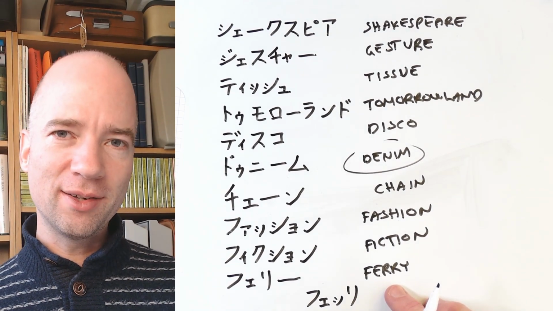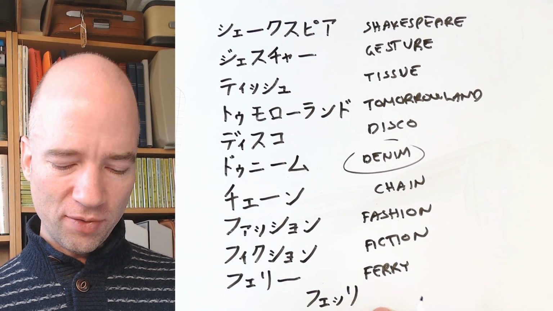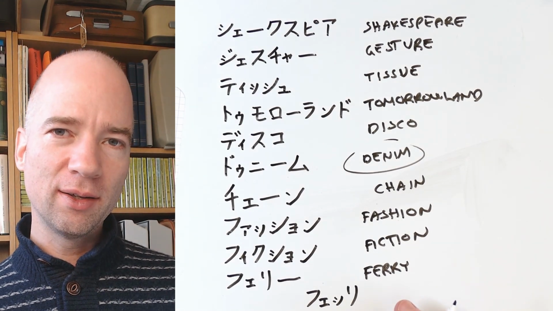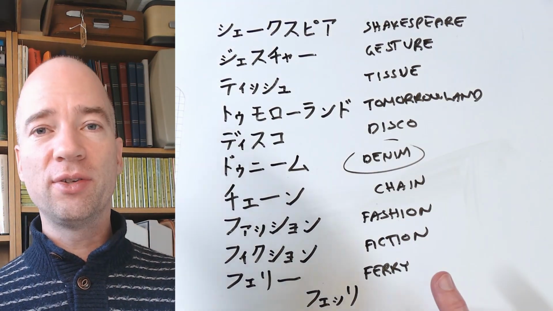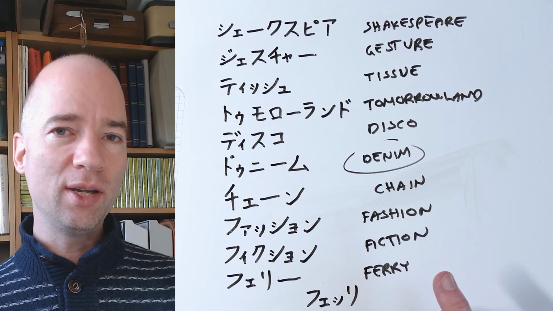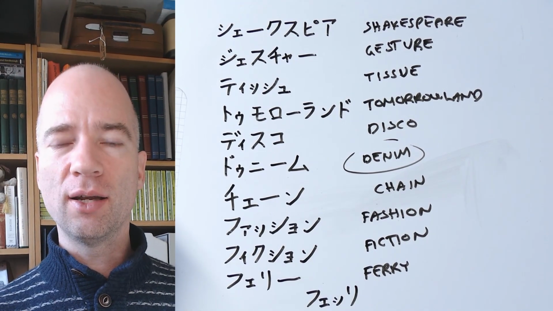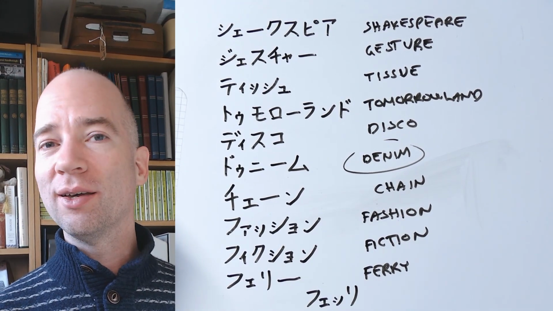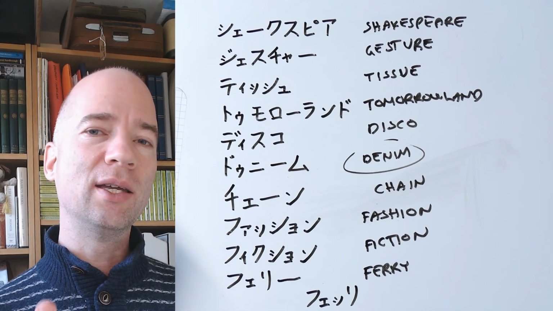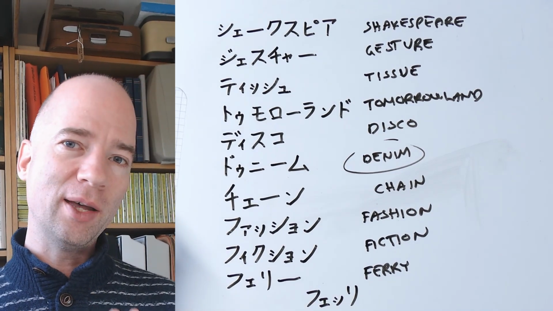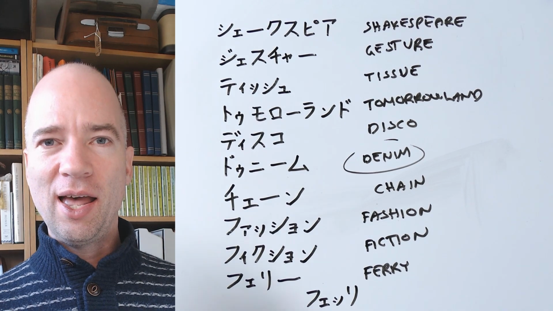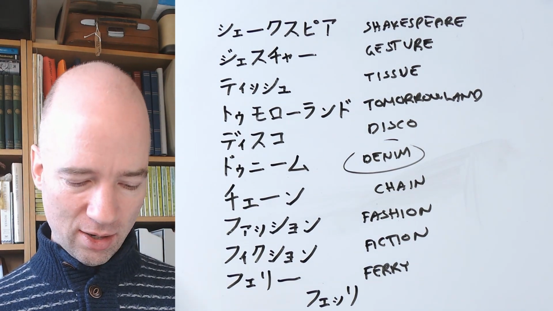Because of the way the R is pronounced, it's not really a liquid in Japanese so much, it's a tap. It's almost closer to a stop than it is to a glide, like the r or l in other languages.